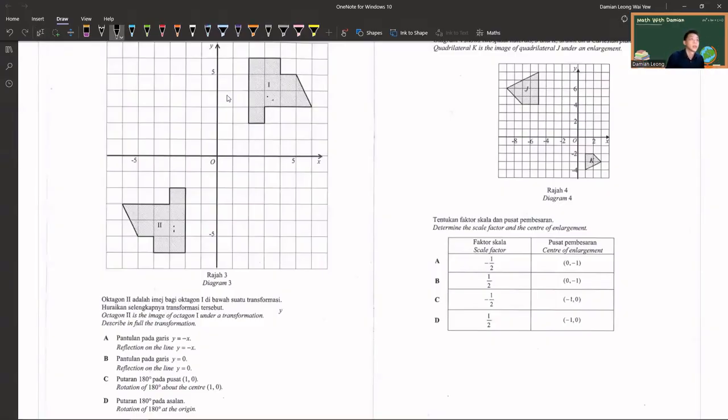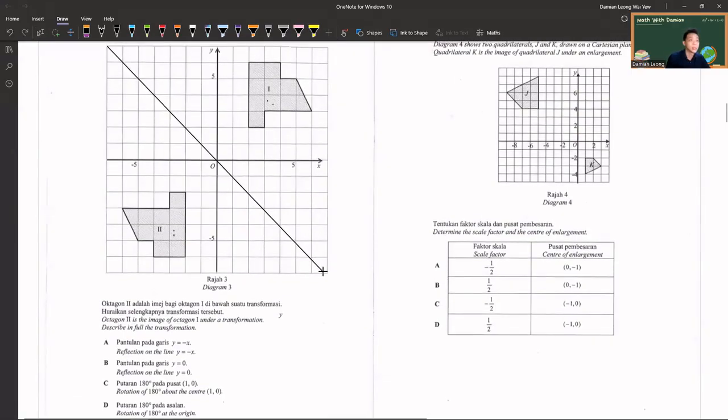Okay. Kalau kami lihat dengan orientasi yang garisan ini berada dalam kedudukan atas bawah, where we see it as a vertical line.